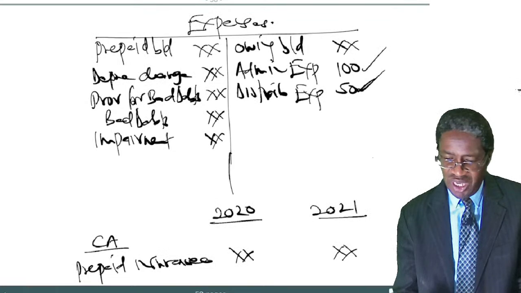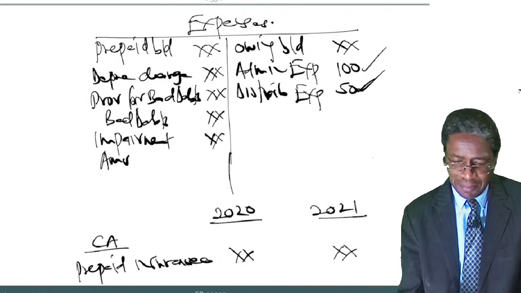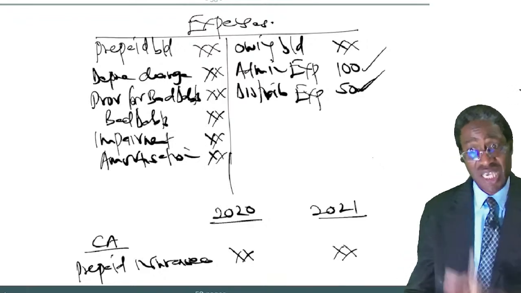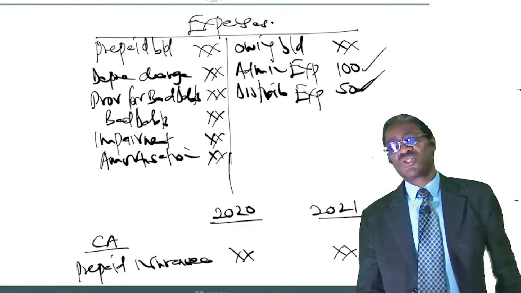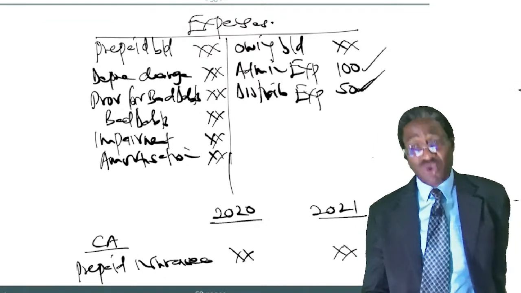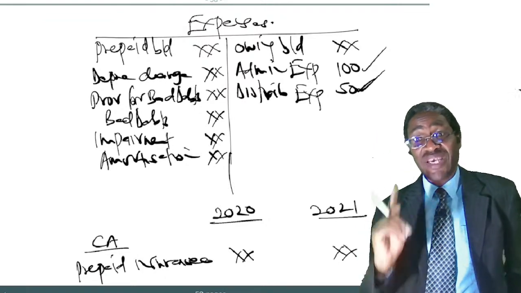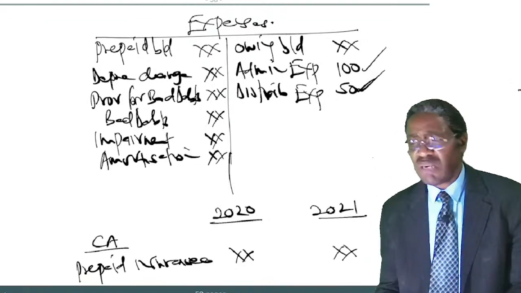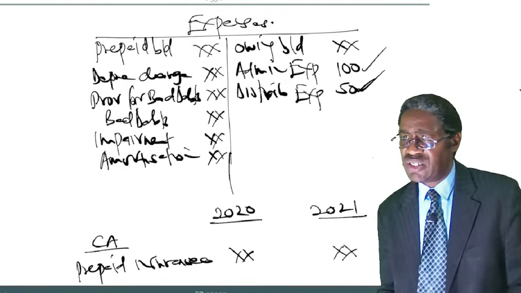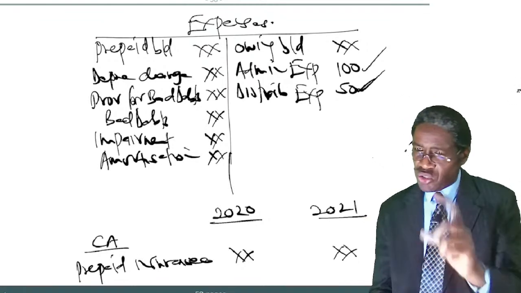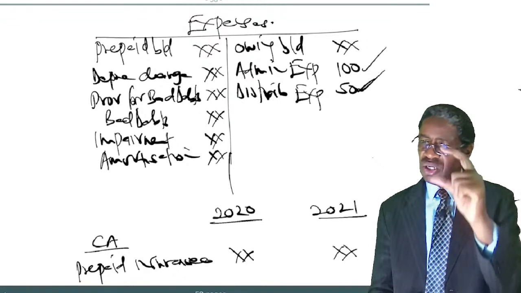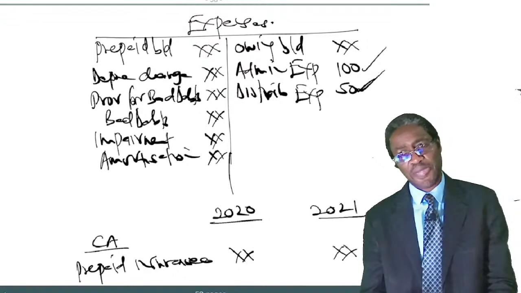Another one could be amortization. Good. Now, listen carefully, because this is where I told you the issues are. Somebody has given me within your list loss on disposal.